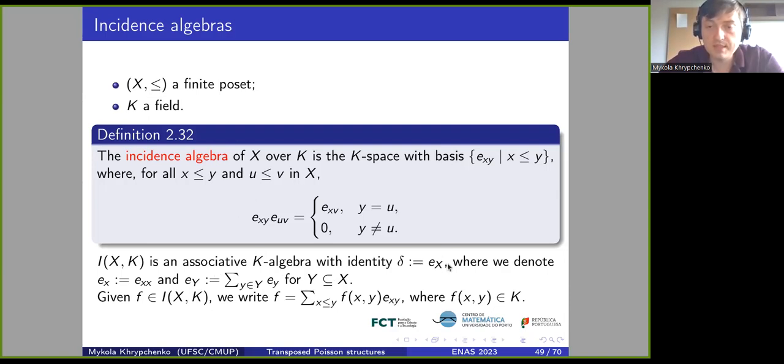So E with capital X means the sum of Exx for all x in X. And this is the identity element of your incidence algebra. And I will use this notation for any element of the incidence algebra, written as the sum of basis elements with some coefficients in the field.